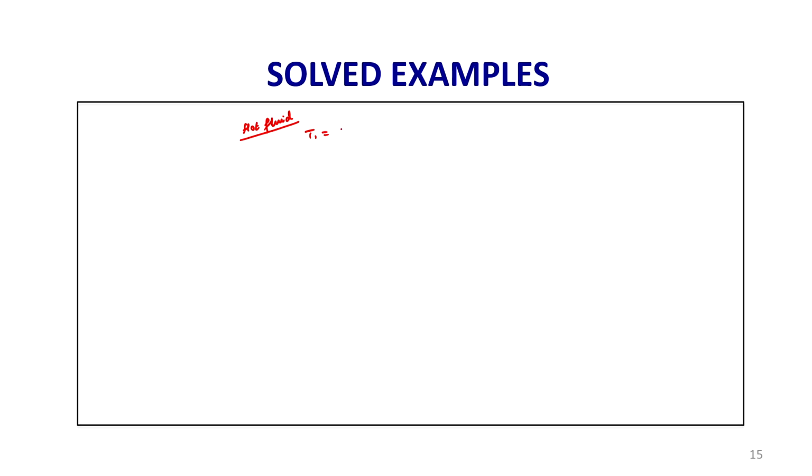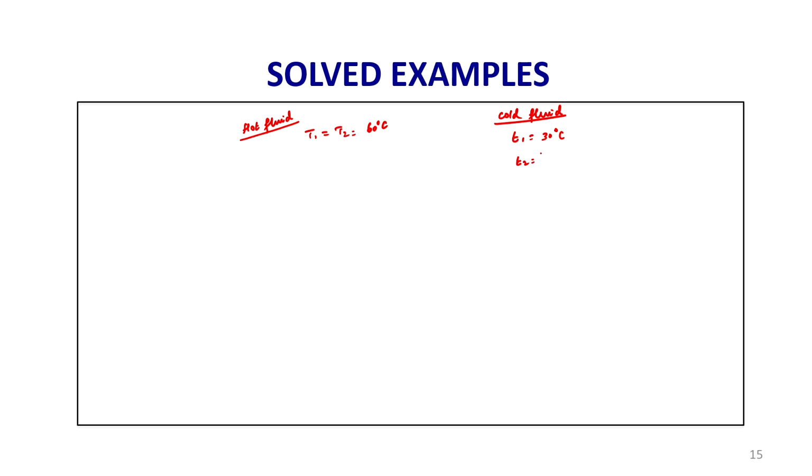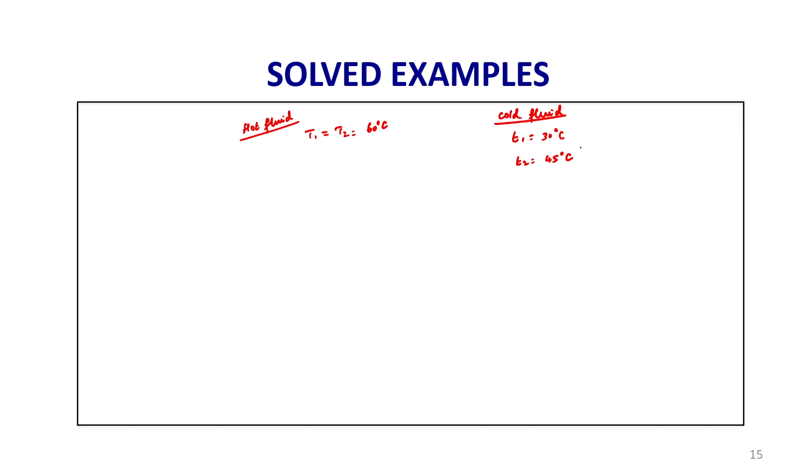So, T1 is equal to T2, which is 60. For the cold fluid, water enters at 30 and picks up the heat as a result of the condensation process. When heat is added to a substance, its temperature will obviously increase, so it leaves at 45 degree centigrade. This is the cold fluid.